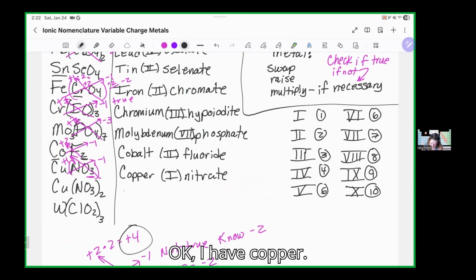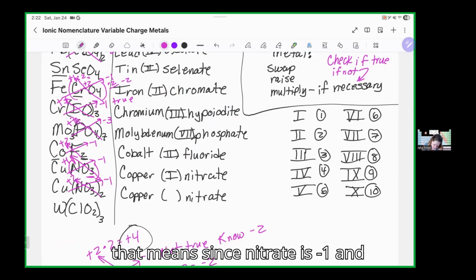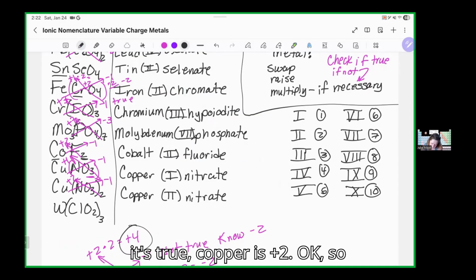Okay, I have copper and nitrate again. If I swap, my copper says -1 for the nitrate. That is true. So if I bring my 2 up, that means since nitrate is -1 and it's true, copper is +2.